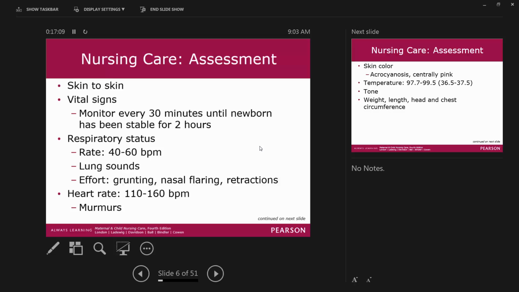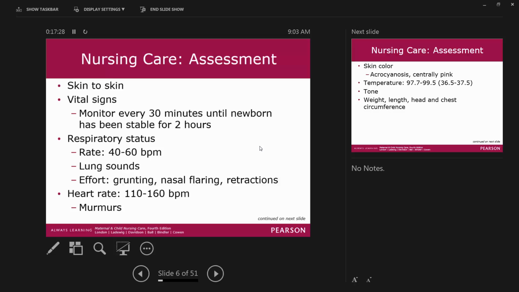But typically, every 30 minutes for 2 hours, and then we'll go every hour for 2 hours, and then baby will be Q4 for 24 hours, and then Q8. But immediately after delivery, it's every 30 minutes for 2 hours.